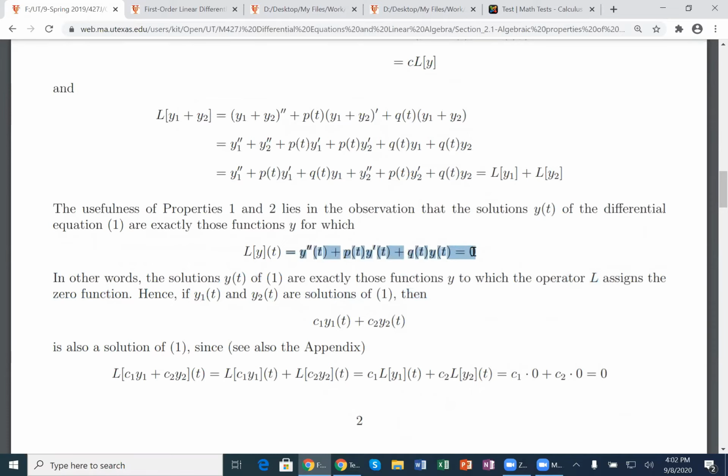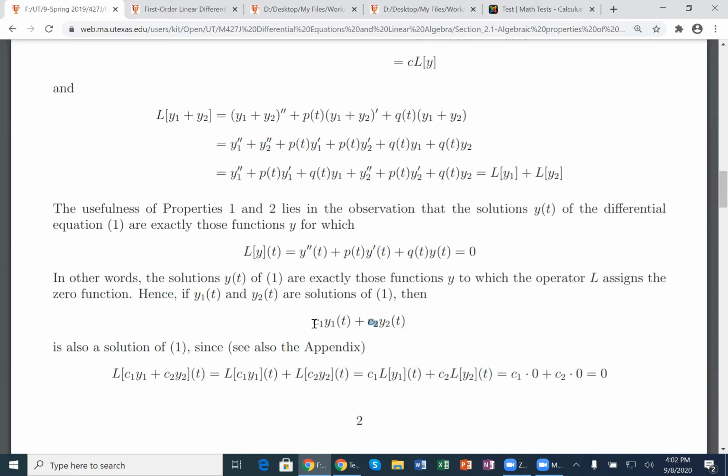So, this is a copy of equation 1. Suppose y1 and y2 are two particular solutions of this equation. We claim that c1 y1 plus c2 y2 is a solution again of this equation, no matter what is c1 and no matter what is c2. c1 and c2 are some numbers.